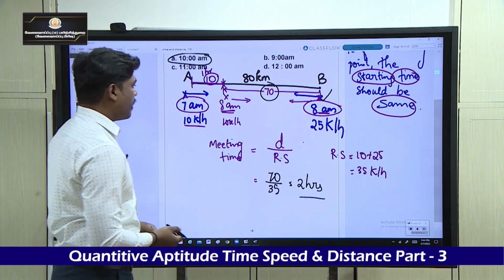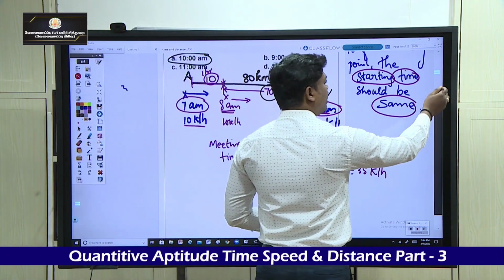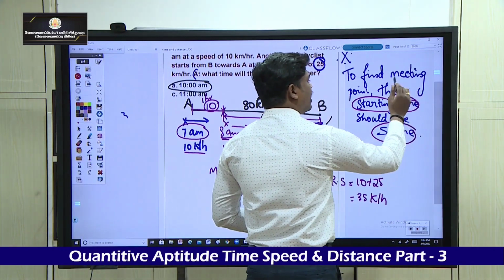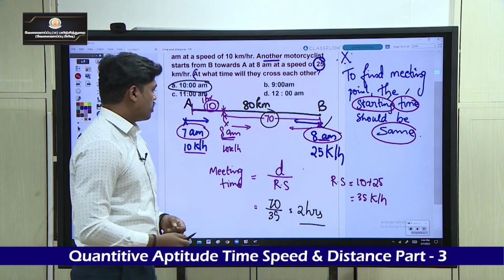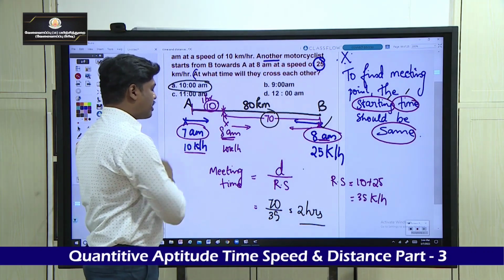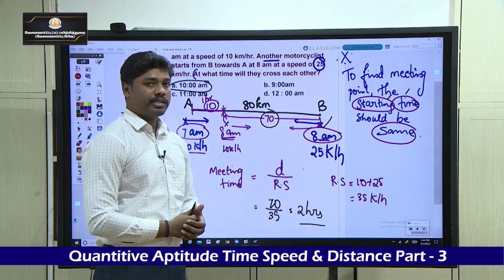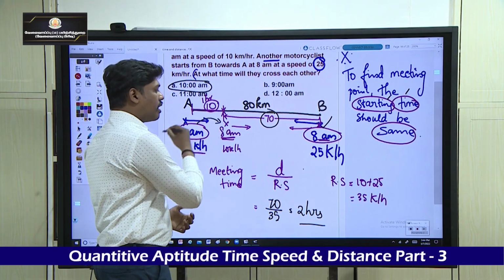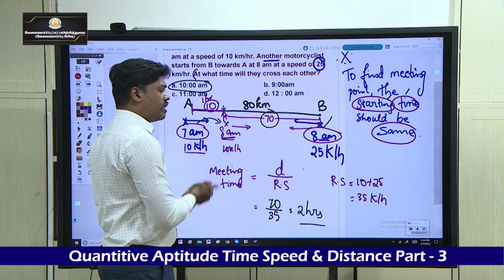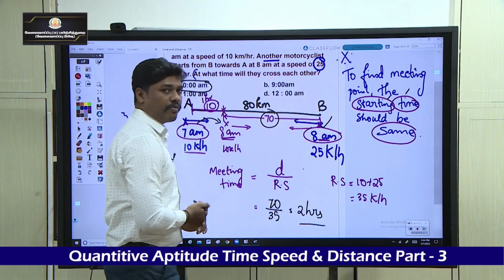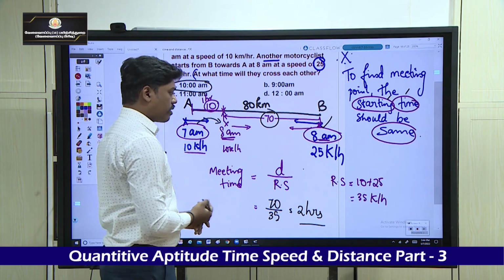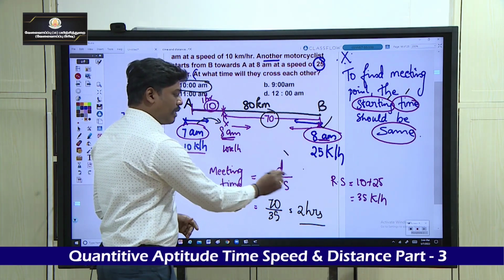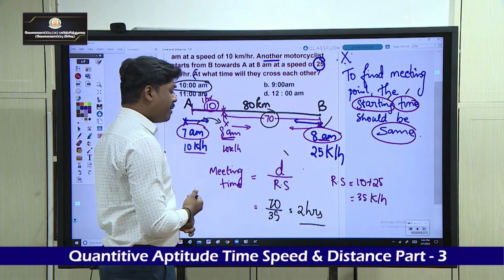Is it clear? The important point here is, to find the meeting time, the starting time should be same. Look at the starting time: he starts at 7, another person starts at 8. So, make this time as 8. At 8 am, check where the person is and the distance between them. Distance divided by relative speed is the meeting time.